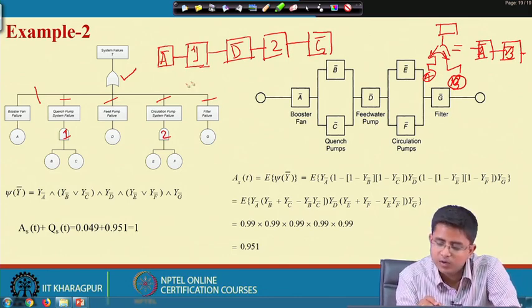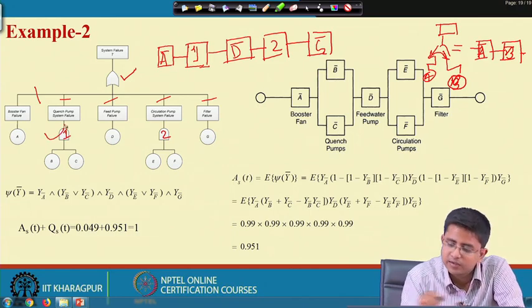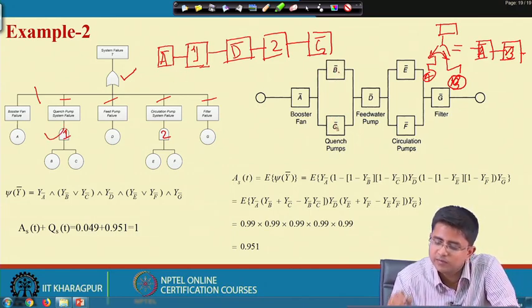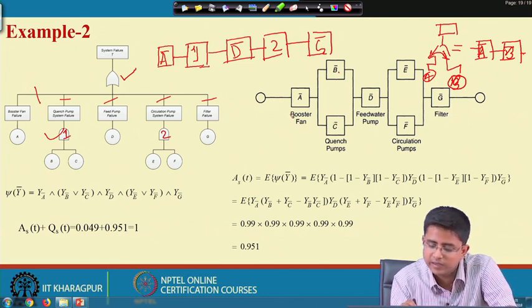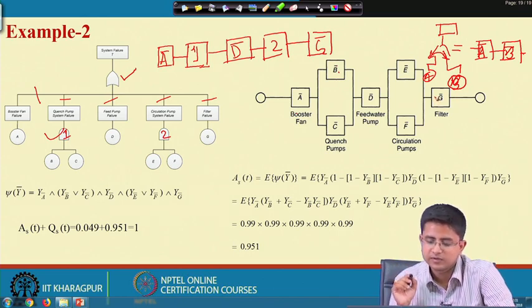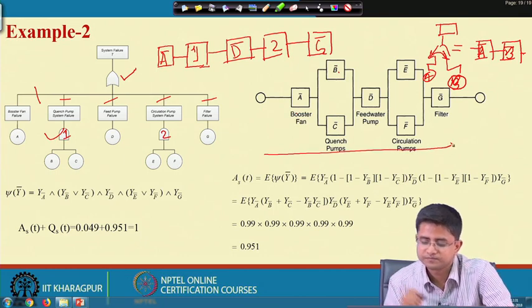Now, 1 is nothing but B and C and it is AND gate, that is why it is in parallel. So, B bar and C bar. So, we can see that A bar is in series with B bar and C bar in parallel, then again D bar is in series, E bar and F bar is parallel, then G bar in series. So, now we have got the reliability block diagram.